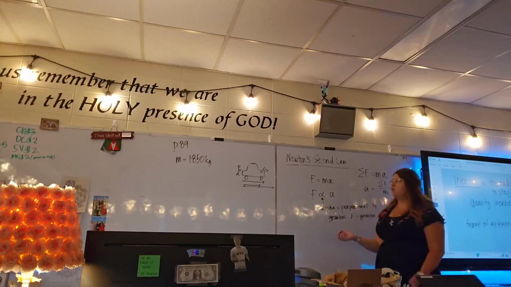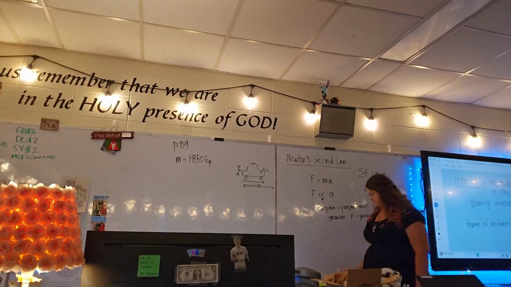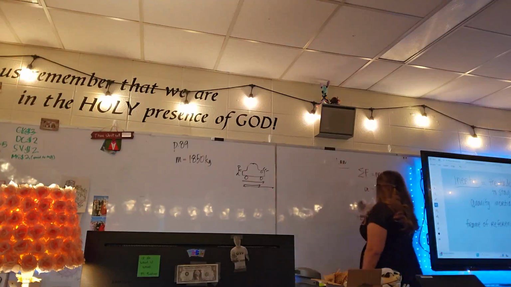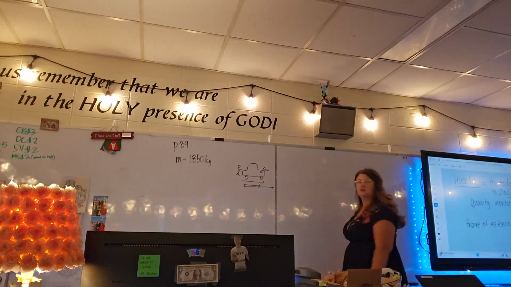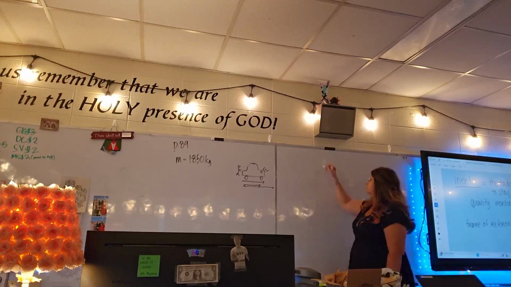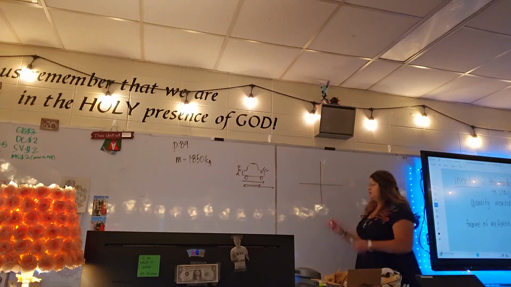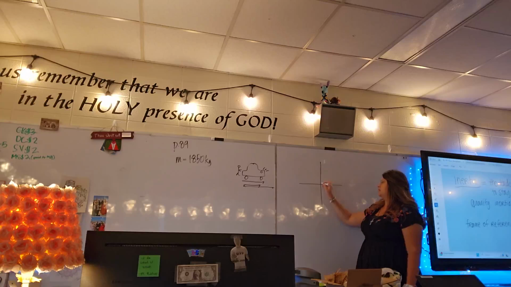All right, so how would we add these forces together? The best way to do this is to use an actual XY coordinate system, because it'll help you to think about what the sign of your forces should be. I'm going to put my forward forces in the positive X direction. This I'm going to call F2.